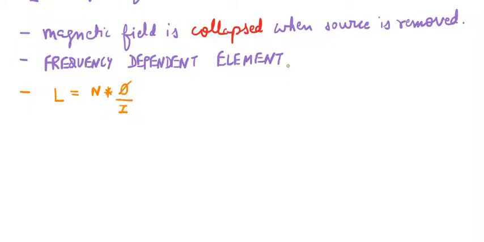Flux linkage is N into phi, number of turns in a coil into flux produced due to change in current.